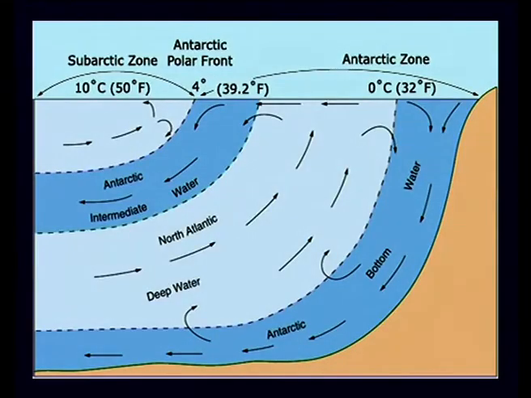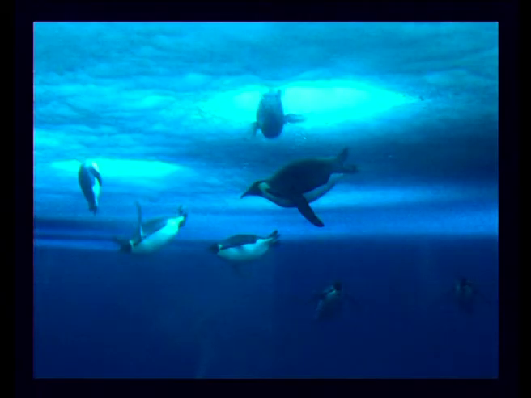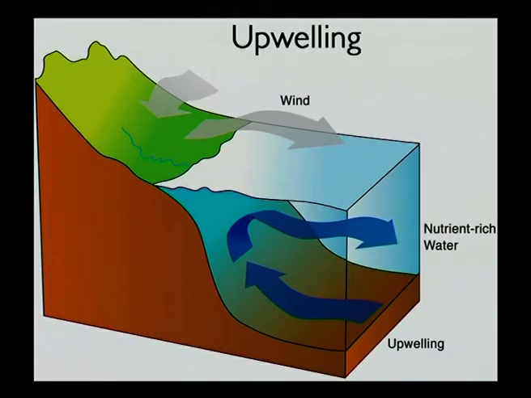This creates a divergence of currents along a boundary called the Antarctic divergence. The Antarctic divergence has abundant marine life in the southern hemisphere summer, because of the mixing of these two currents, which supplies nutrient rich water to the surface through upwelling.